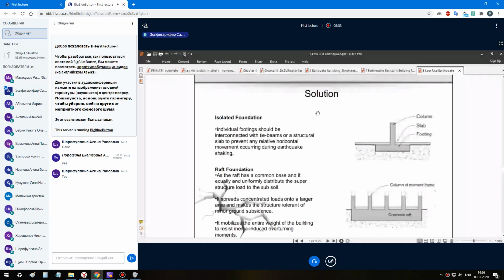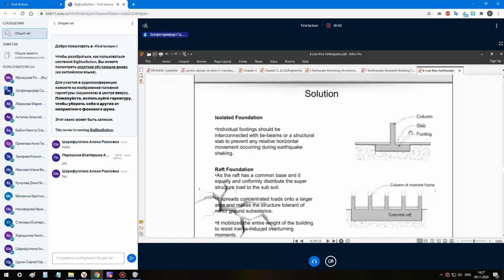Okay, this slide shows the solution for the foundation problems. Use isolated foundations as shown in this slide.